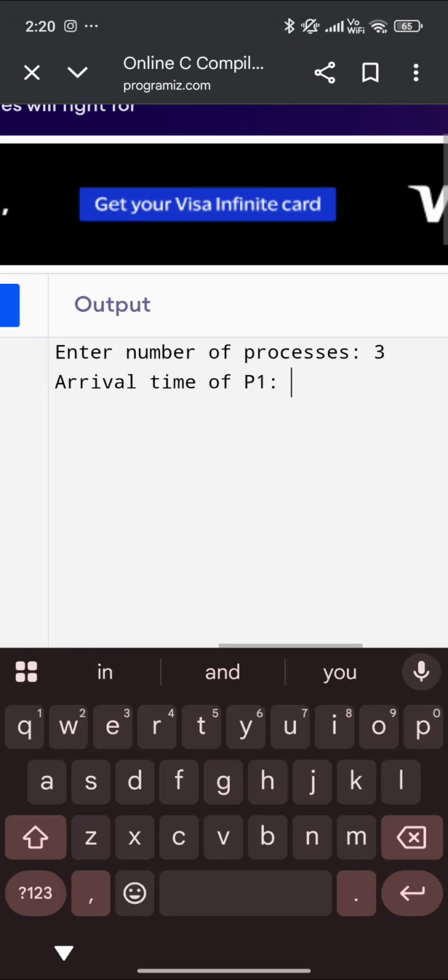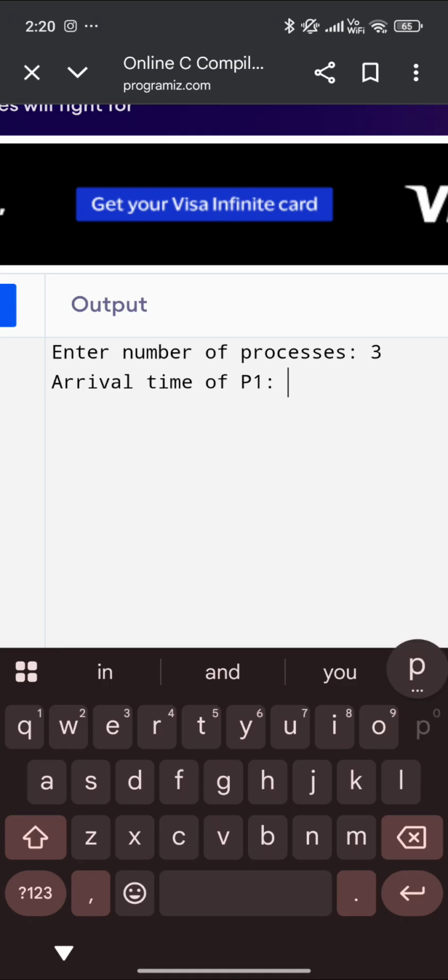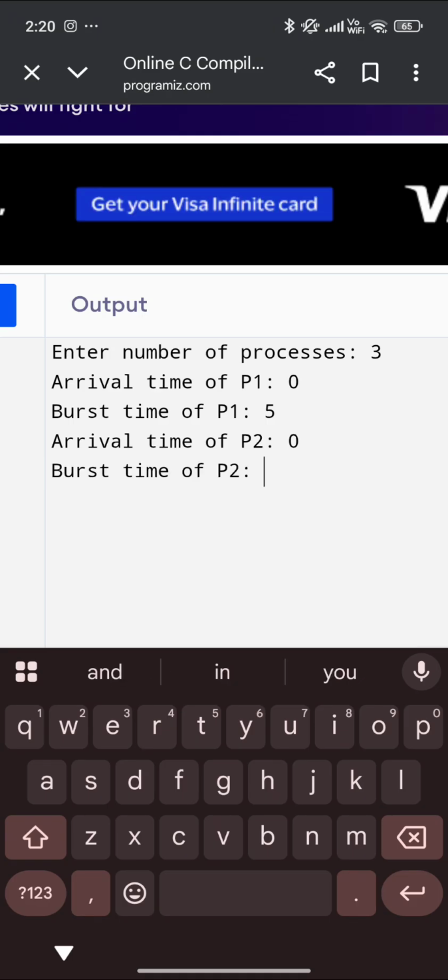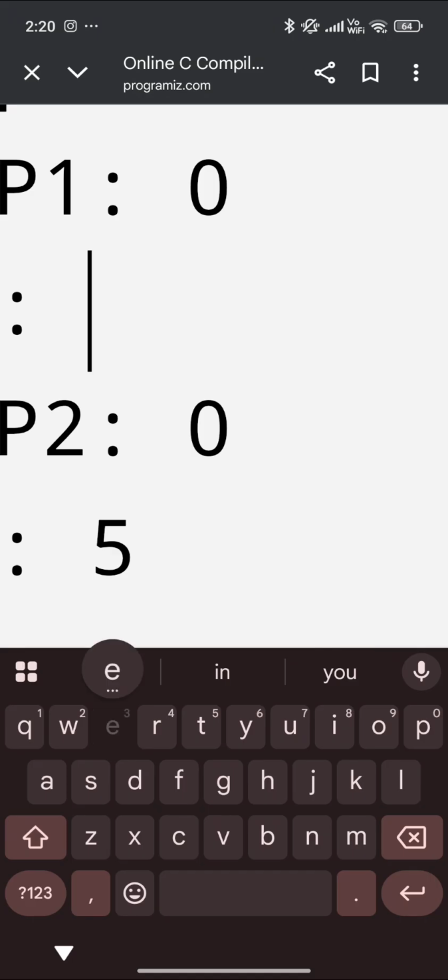And next, the arrival time of P1, let us give 0. And the burst time of P1, let us give 5. And the arrival time of P2 is 0. The burst time of P2, let us give 3.